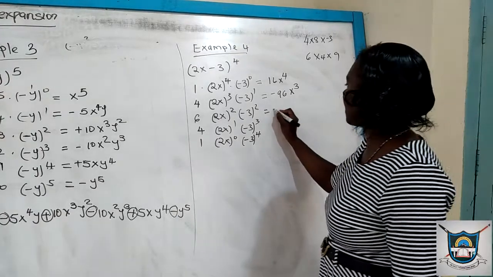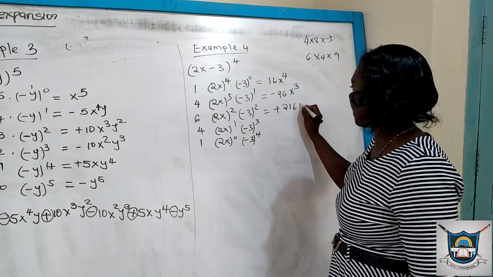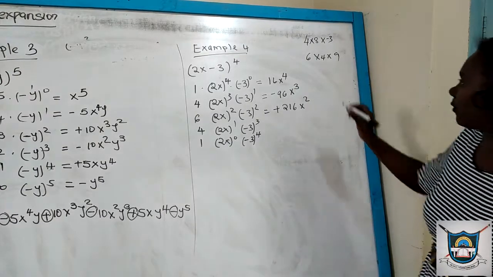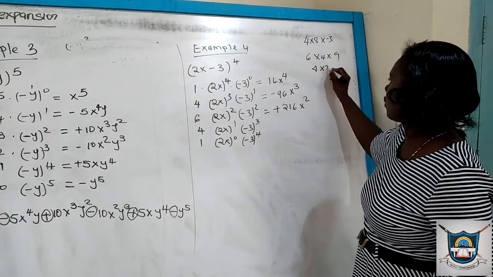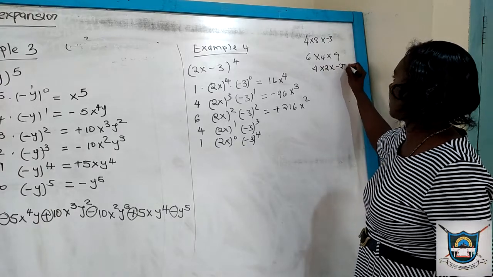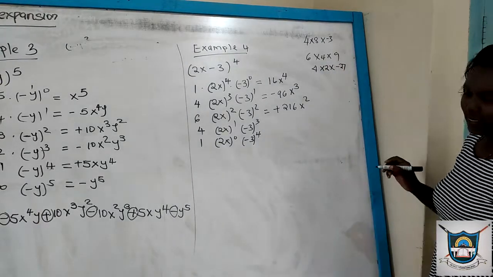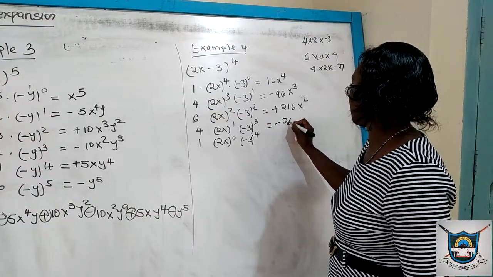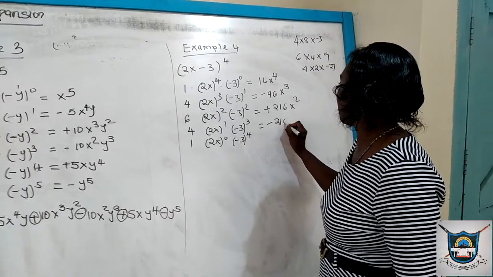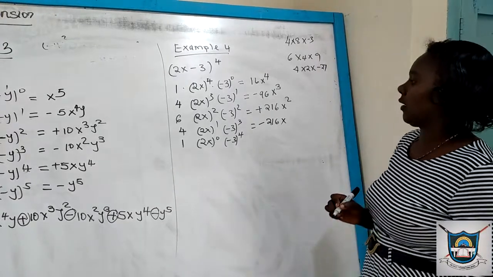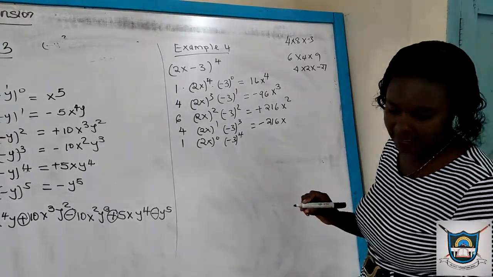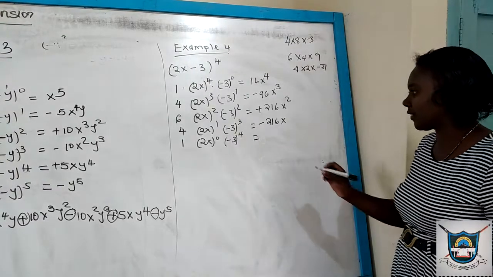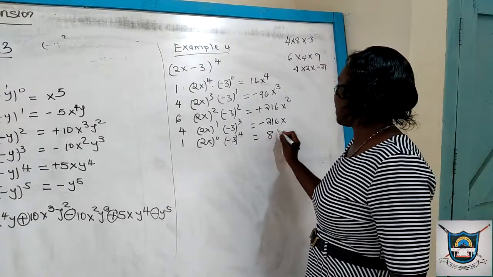This one gives us positive 216x squared. From there we have 4 times 2 times negative 27. This one again gives us negative 216x. The last one, because we have said a pattern of positive, negative, gives us 81.